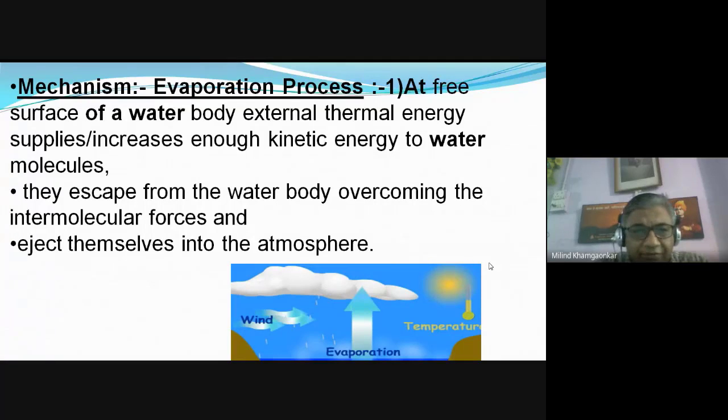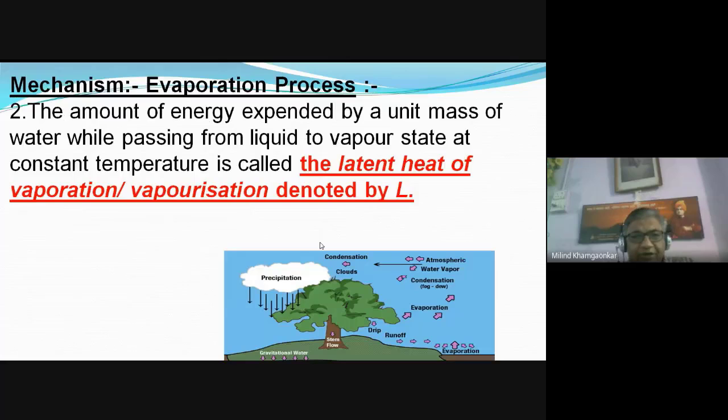They start moving, and when their kinetic energy reaches a certain value, they cannot remain at the surface of the water body, so they leave the water surface and get converted into vapor, against the intermolecular forces of the water particles, and get ejected into the atmosphere. This is called evaporation. The heat, either from the atmosphere or from the water body, that is used for the evaporation is called the latent heat of evaporation or latent heat of vaporization. It is denoted by L.